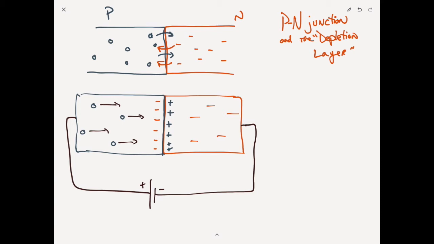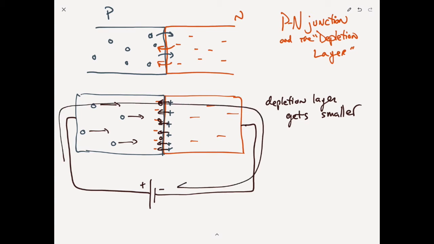These holes will have to overcome the opposition of the electric field provided by the depletion layer, but they will combine with some of these negatives and actually make the depletion layer a little bit smaller. If the depletion layer gets small enough, electrical flow can start to occur in the circuit that the battery is trying to establish.